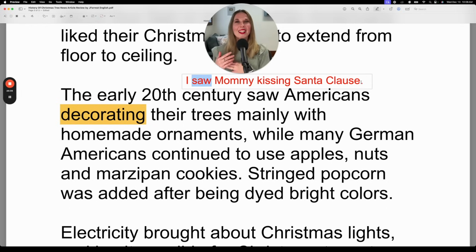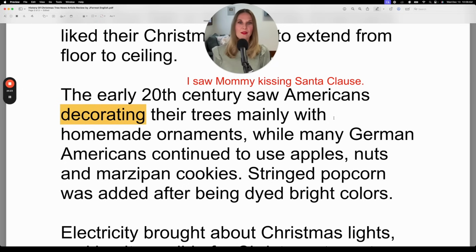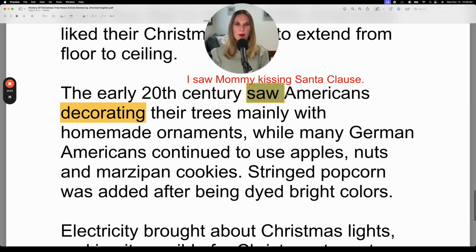And then he saw his mom and dad kiss, but the dad was dressed like Santa Claus. So it's a very cute song. You can listen to it. I saw mommy kissing Santa Claus. And now you understand the grammar because we have see someone doing something. Okay, so I'll highlight that for you so you remember.